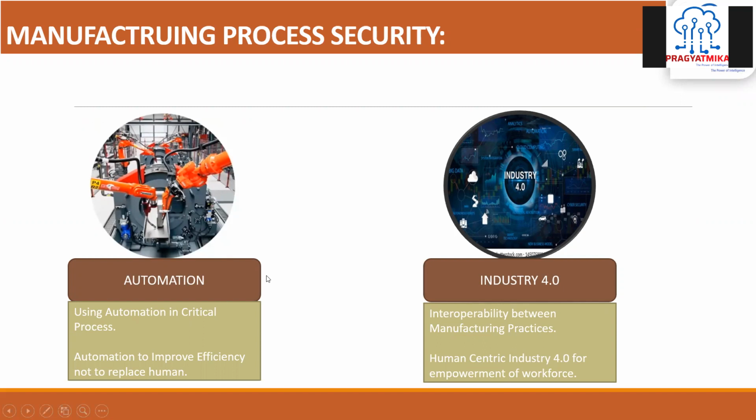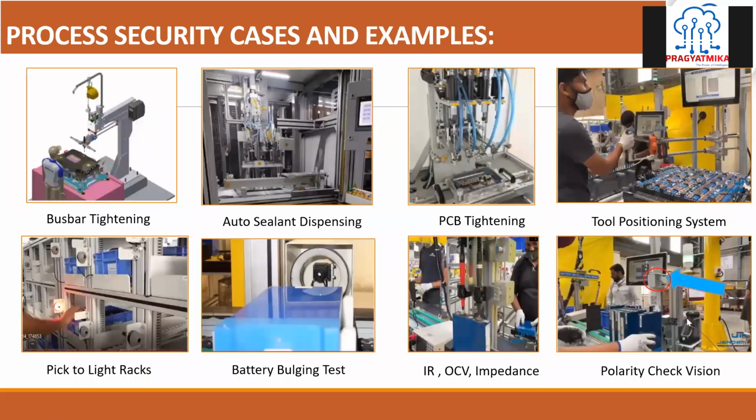You can create only a very limited level of security in the manufacturing practices with the help of this automation. So there are the Industry 4.0 manufacturing practices that are coming now, which are interoperable manufacturing practices, and you can control the rate of your manufacturing and the alignment of the manufacturing. The introduction of cobots leads to humans working with the machines together and increasing the efficiency.